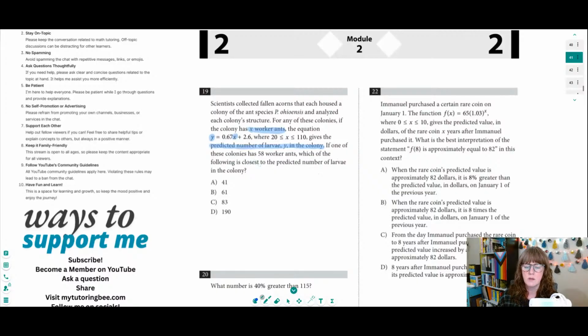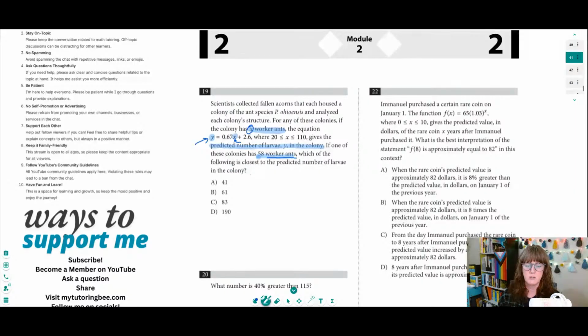If one of these colonies has 58 worker ants, which of the following is closest to the predicted number of larvae in the colony? Okay, so this is a complex way of asking: if we have this equation and we know that X represents the worker ants and we have 58 of them, what do we get as the predicted number of larvae, which is what Y represents, when we substitute in that number for X?